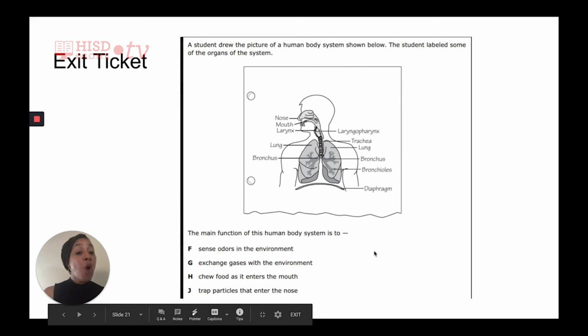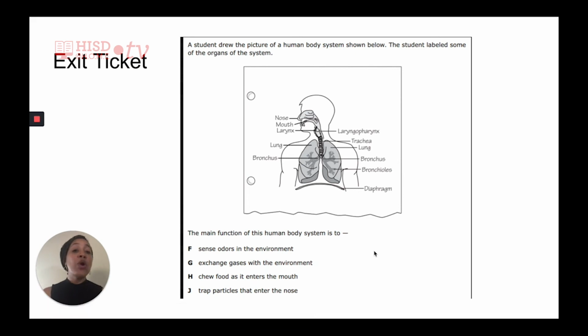But step one is to determine which system is pictured. 20 more seconds. Down to your last 10 seconds.